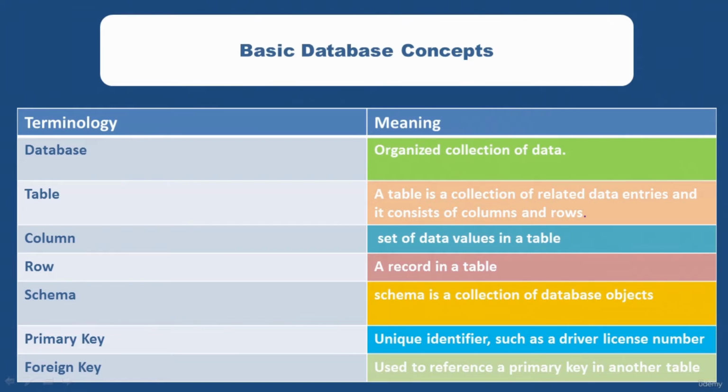Likewise, you can have the primary key in table 1 acting as a foreign key in table 2, or vice versa. So a foreign key usually is used to reference another primary key in another table, but primary keys are unique per table. You can't have two primary keys in one table.